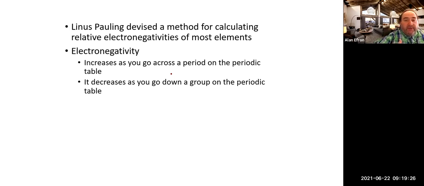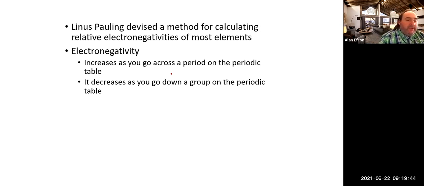So how do we determine whether this bond is going to be a polar bond, a non-polar bond, or even an ionic bond? Linus Pauling came up with a method of assigning electronegativity values to most elements.